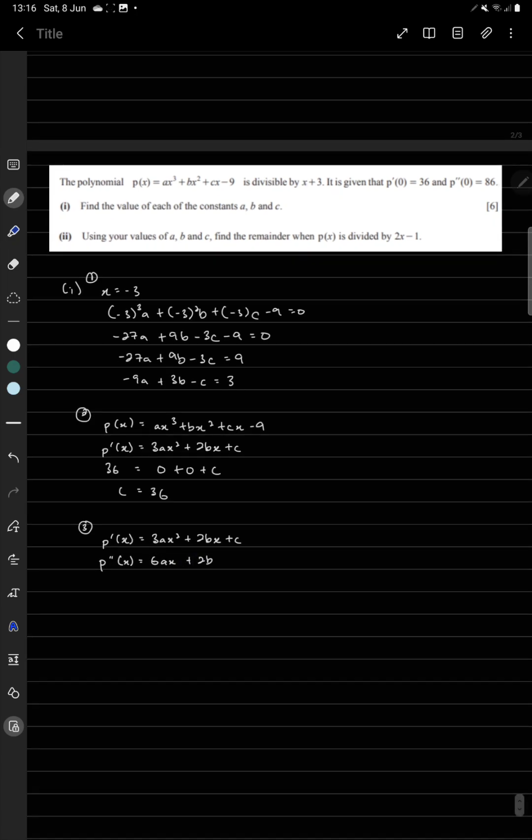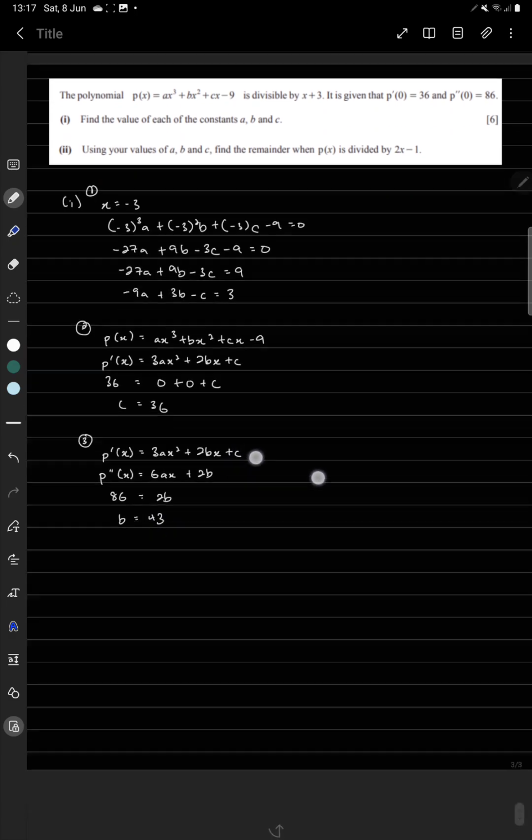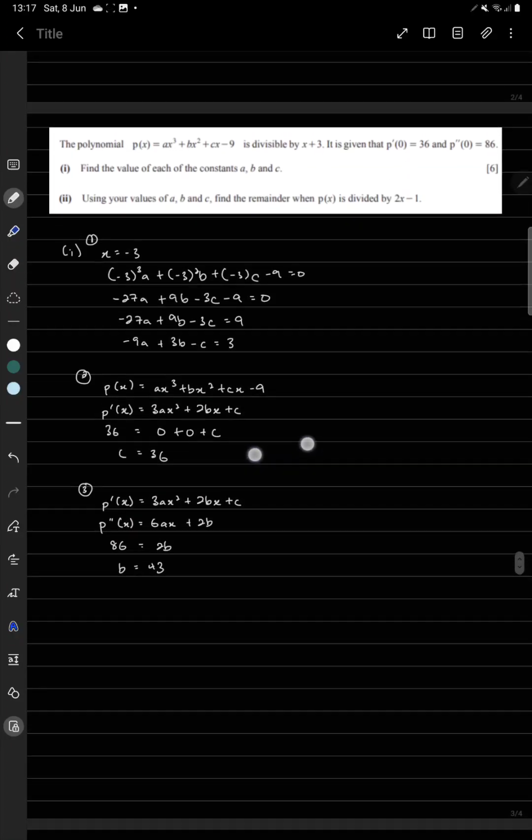Now let's substitute x equals 0, it equals 86. So this is equal to 86, and with x equals 0, you only get 2b. And then b is equal to 43. Okay, now lastly we want to find a. Since we already found b and c, we can easily find a.